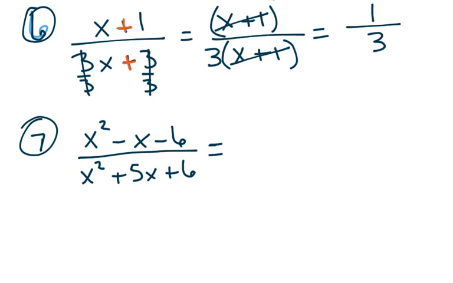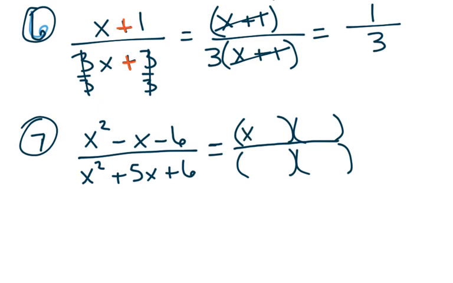Now, I want to remind you that one thing we've been doing in class is putting our trinomials into y equals, and then going to our table and finding our factors. I'm not going to go through the process of factoring. I'm going to trust that you have learned to do that now.